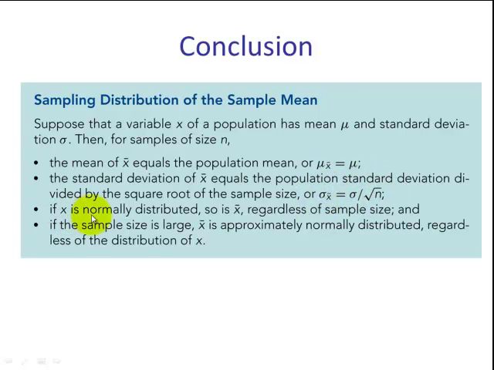If the random variable x is normally distributed, x bar, regardless of the sample size, will be normally distributed. If the sample size is large, our rule of thumb is n equals 30 or more, x bar is approximately normally distributed regardless of the distribution of the random variable. So any population shape will become normal.